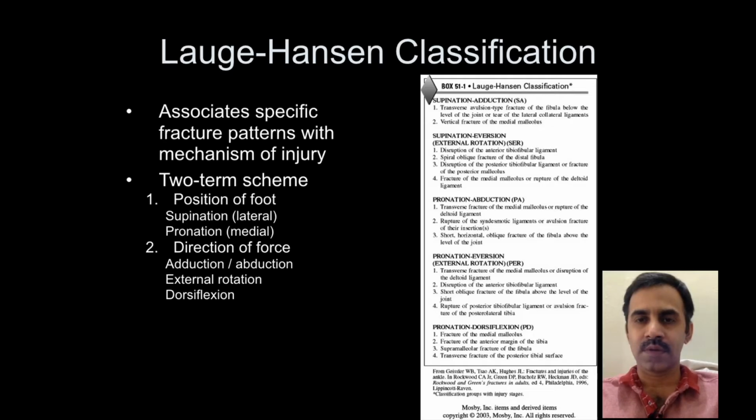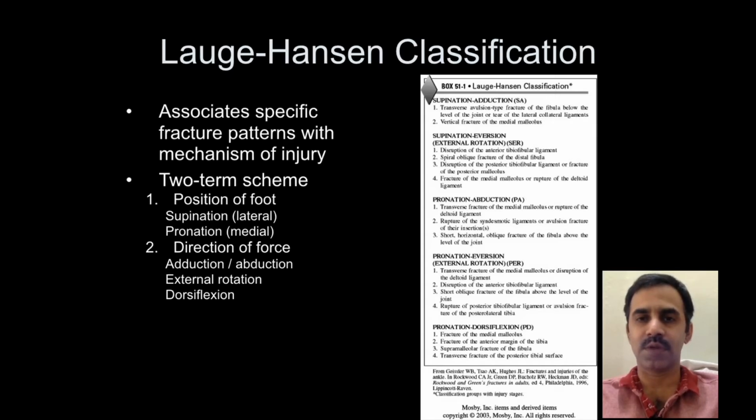We can easily remember this classification using the mnemonic SAS PER PD. SA means supination adduction, SER means supination external rotation, PA means pronation abduction, PER means pronation external rotation, PD means pronation dorsiflexion.